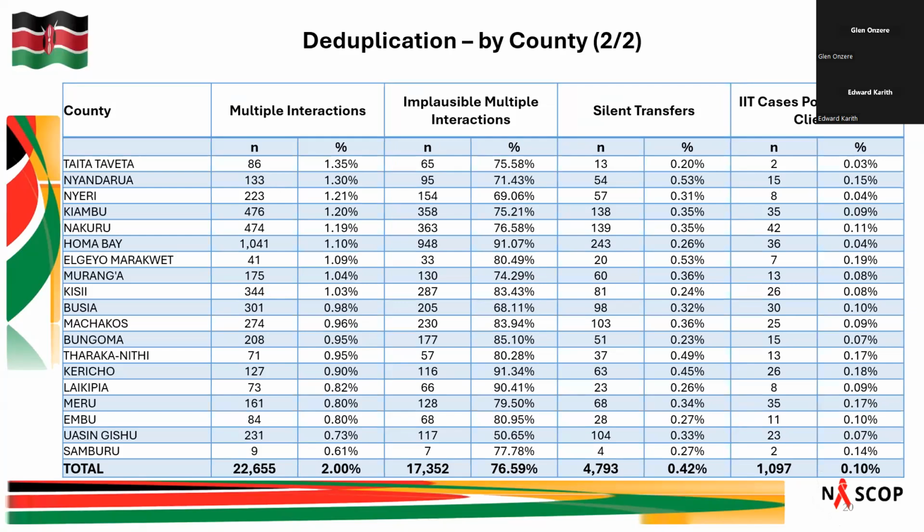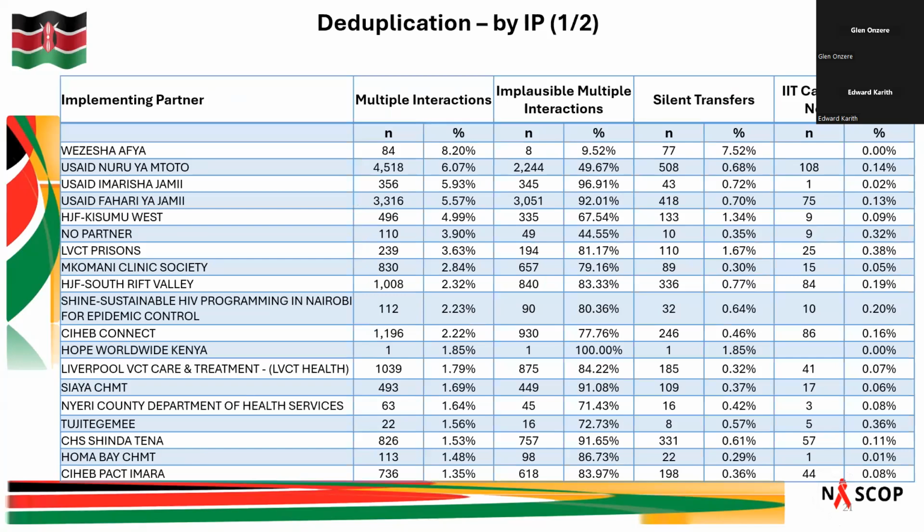Thank you. So when we look at the same disaggregation by partner, we see that Wezesha Afya is ranking at the top with the highest proportion of multiple interactions among those issued with NUPI. It also had the highest proportion of the silent transfers, but none for the IIT cases posing as new clients.